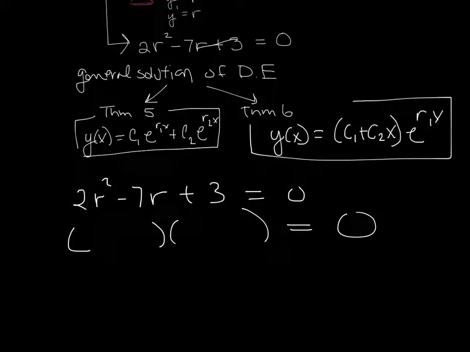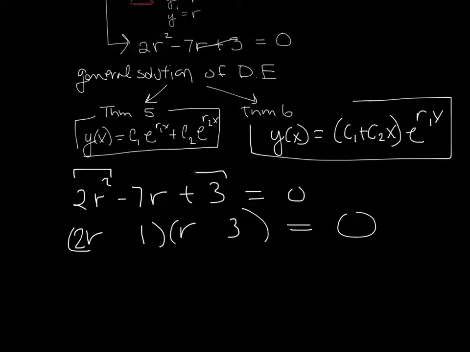All we're doing is really unfoiling this. That's what factoring is, unfoiling. So 2r times r is 2r squared. You could do it by trial and error, or if you want to factor by grouping, any technique that you've learned is fine, as long as you can factor it.